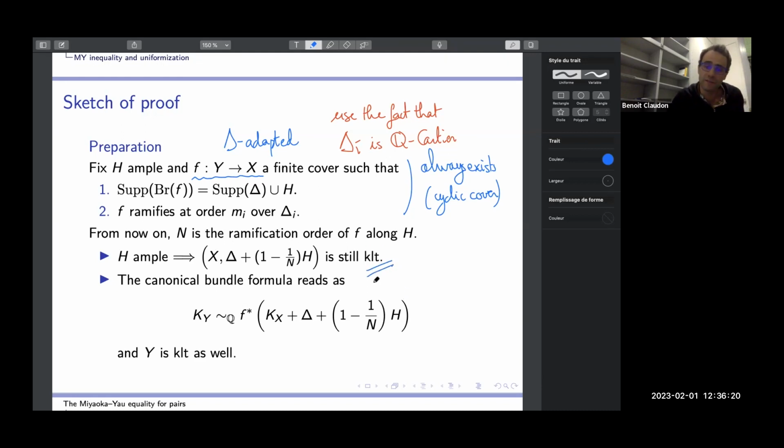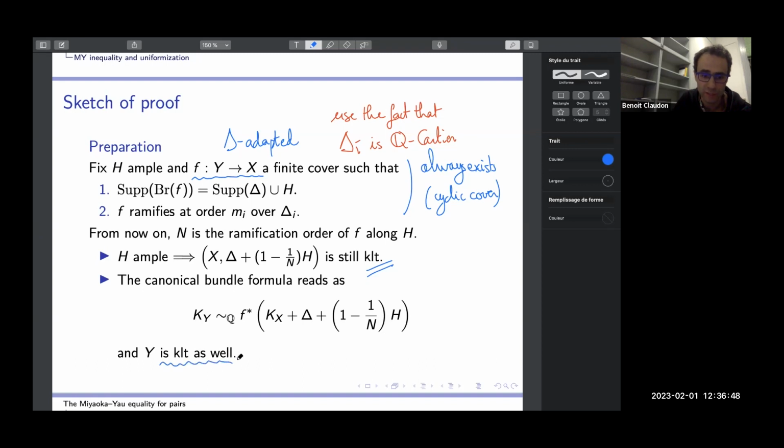And this is very important because, for instance, using the Hurwitz formula for f, we see that the canonical bundle of Y is the pullback of the orbifold downstairs, but this modified orbifold. But since f is finite, Y is KLT as well.